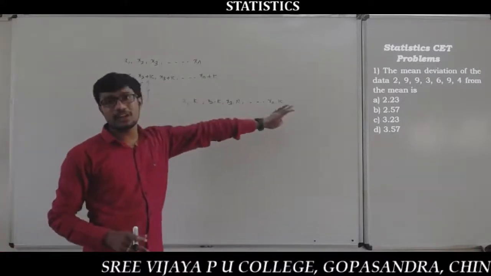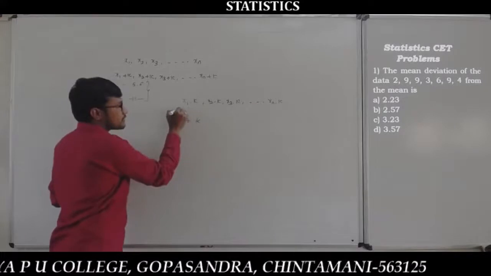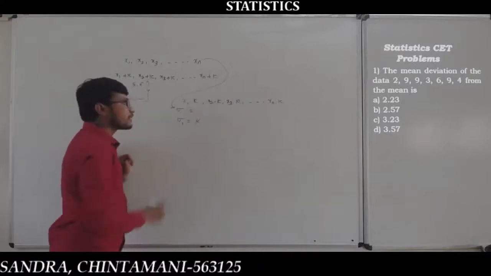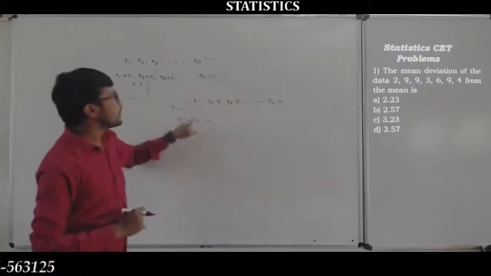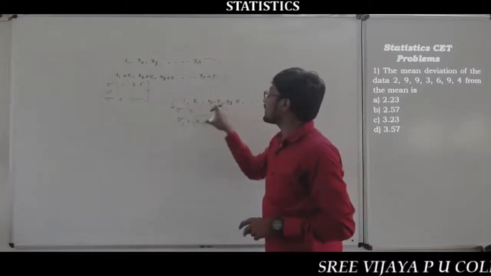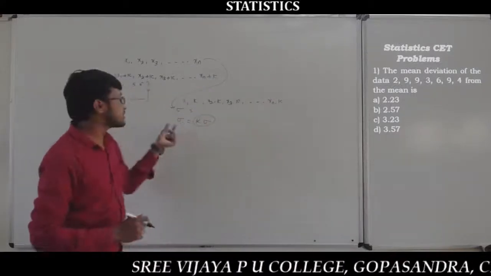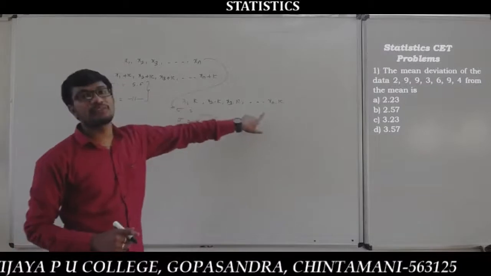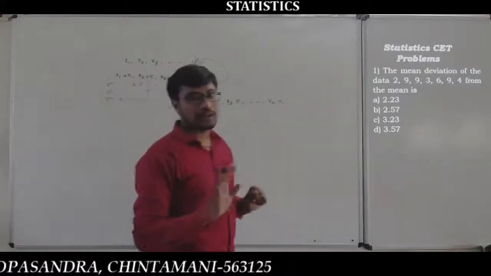When you multiply by a fixed number to all the observations, the new standard deviation is k times the original standard deviation sigma. We multiply all the numbers, not just one or two. So when you multiply by a fixed number, the standard deviation becomes k times; when you add or subtract a fixed number, the standard deviation remains as it is.